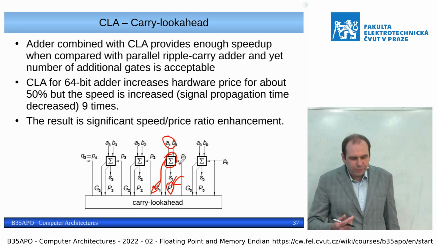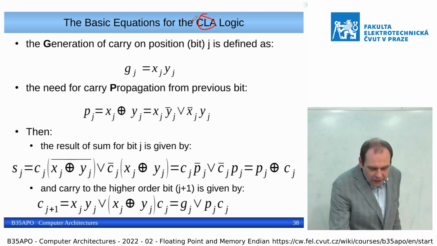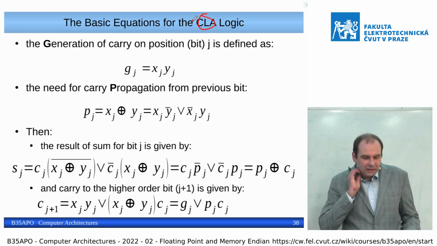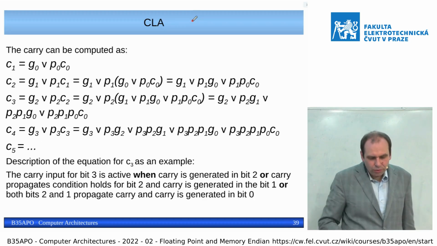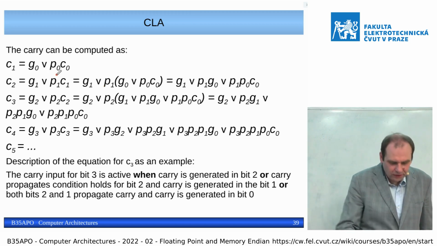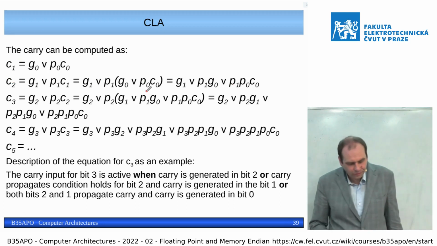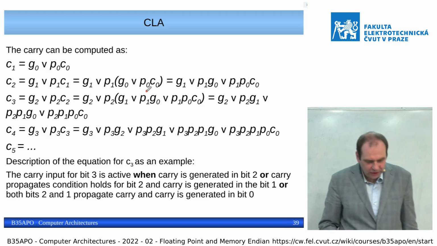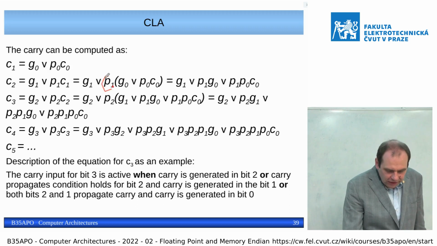So we can pre-compute this information, then pass this information to the carry look ahead logic, and it prepares the information how to propagate carry through all this chain. So basically, if we substitute the actual propagation of the carry, we get those expressions. And as you can see, there is no A and B, because the information about the A and B at a given position is stored in this propagation or generation information.